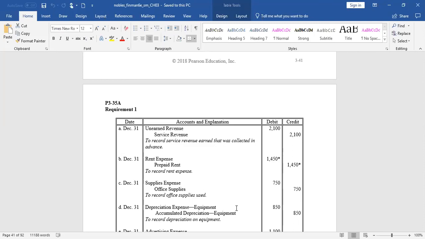So the accumulated depreciation equipment account's buddy is equipment, because we're storing the amount we've expensed of the equipment in that account. Also, contra accounts always increase on the opposite side of its buddy. Since this is an asset account and it's a contra asset, it will always increase on the credit side.